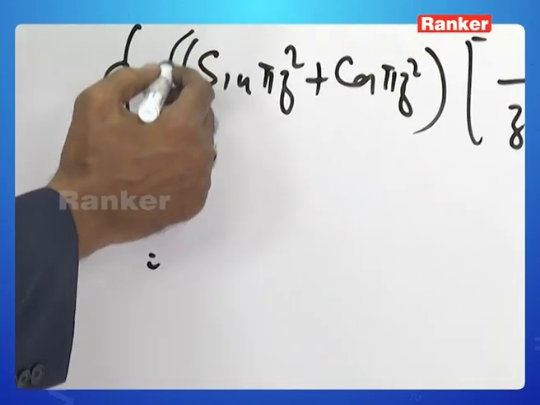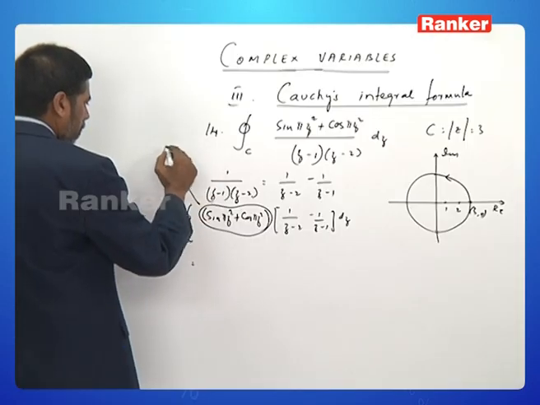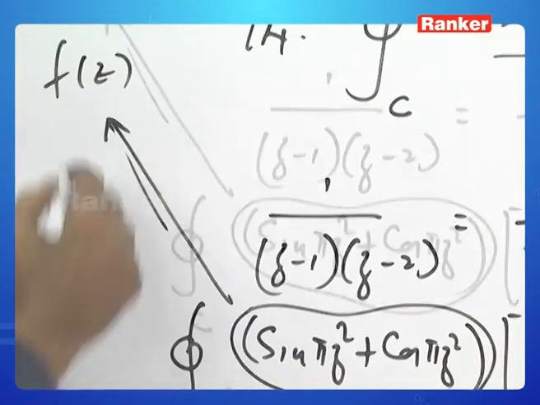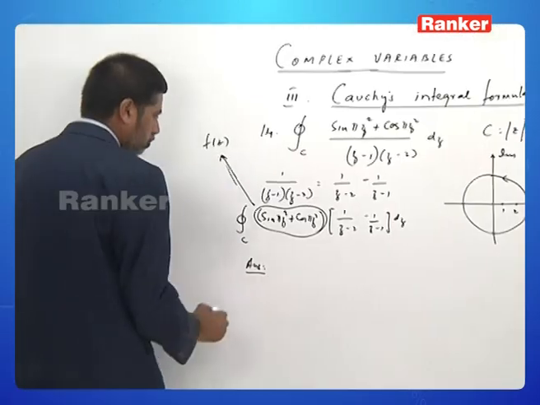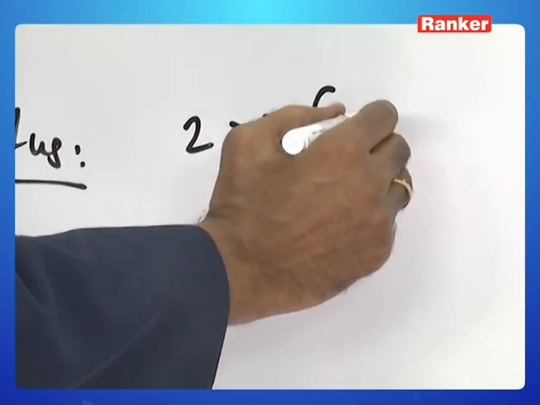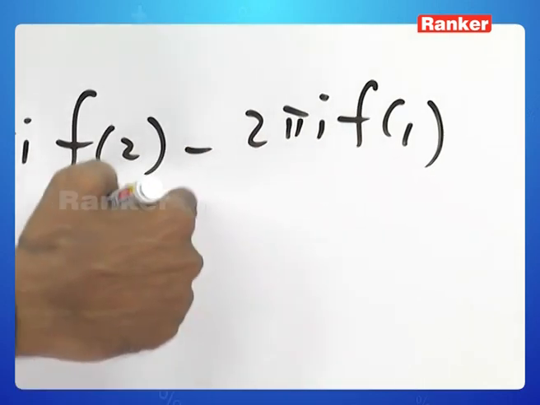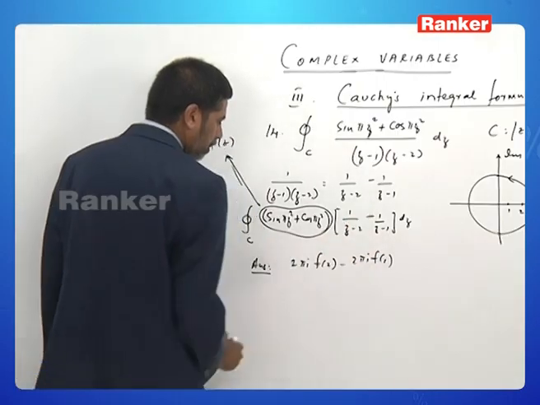So, if you take this numerator as f of z, the output can be arrived using the formula 2 pi I f of 2 minus 2 pi I f of 1. The minus is because of this minus.